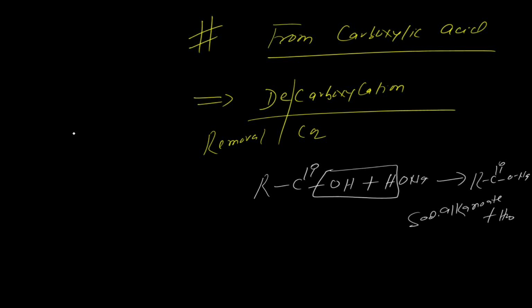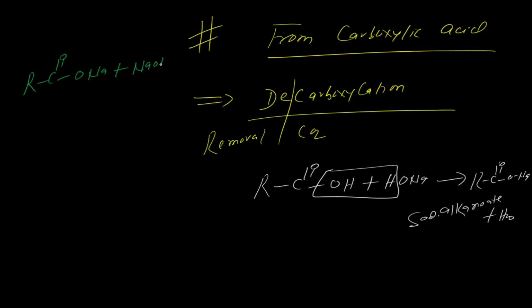Now, basically this is the decarboxylation. When sodium alkanoate reacts with soda lime, what is soda lime? Soda lime is NaOH plus CaO.